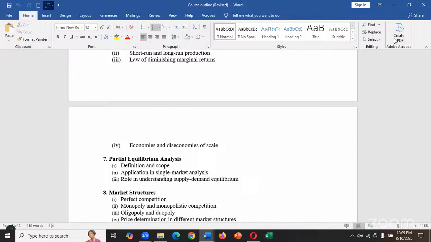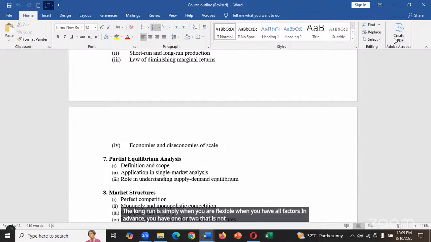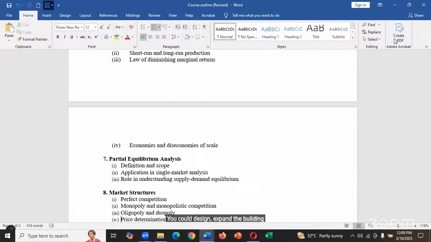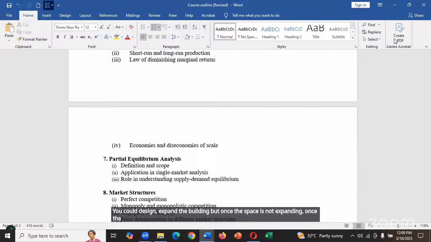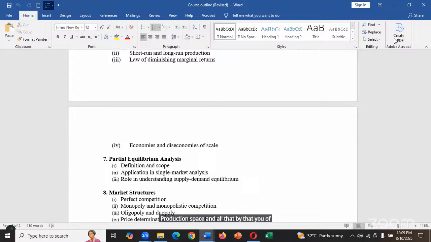The long run is simply when you are flexible, when you have all factors variable. In as much as you have one or two that you could improve, fine. You could design it, paint the building, but once the space is not expanding, once the space remains the same, and the nature of the capital input, the factory or whatever production space, does not improve in size or expand, then that is still short run.